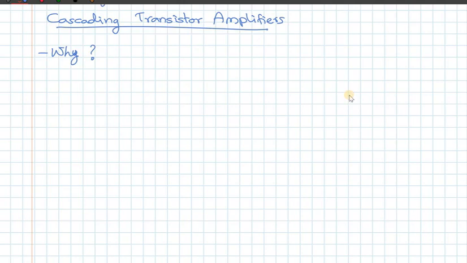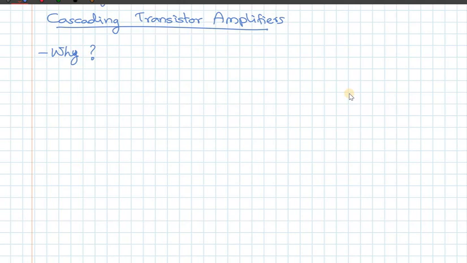In such situations, we may have to combine multiple stages of transistor amplifiers. For example, the common collector amplifier has a very high input impedance and a very low output impedance, which are ideal for a voltage amplifier.